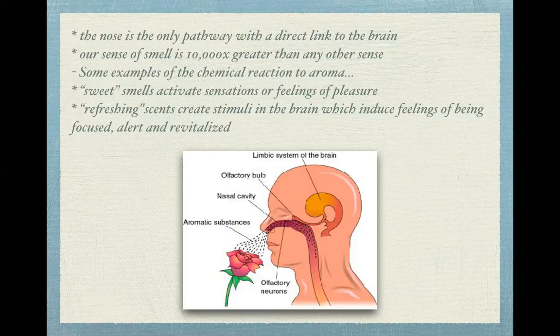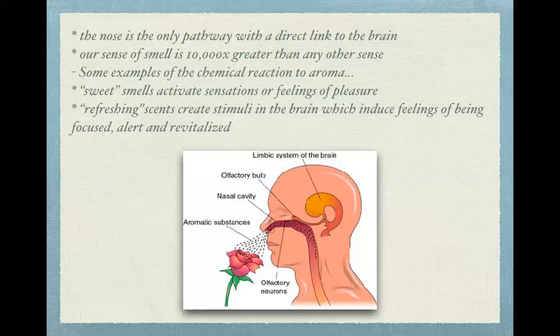Sensory cells called chemoreceptors send impulses picked up through the nose and directly linked to the brain. Other senses in the body require the nervous system to deliver sensory information to the brain, but the nose is the only pathway with a direct link to the brain, which is very cool.